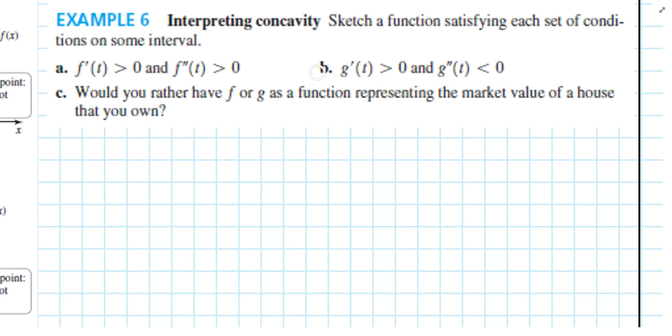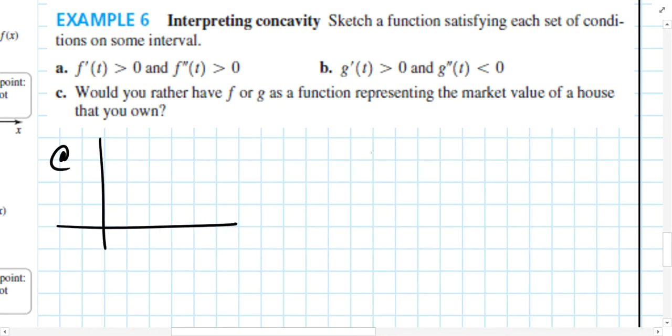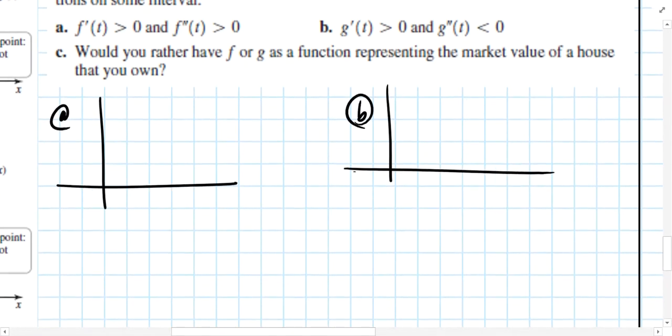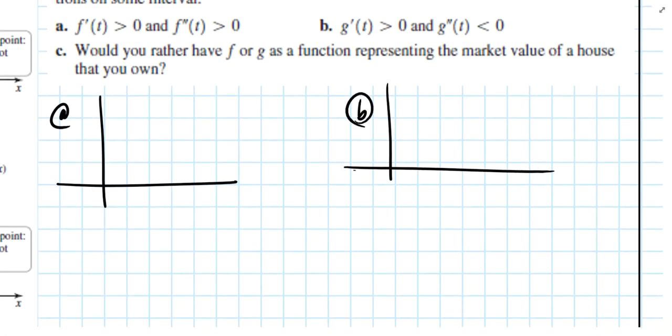In part B, you have to sketch another function whose first derivative is positive, but the second derivative is simultaneously negative. So on an XY axis, can you come up with a sketch of a graph that meets those criteria? Go ahead and pause the video now and try this on your own. Resume playback in a moment to check your work.